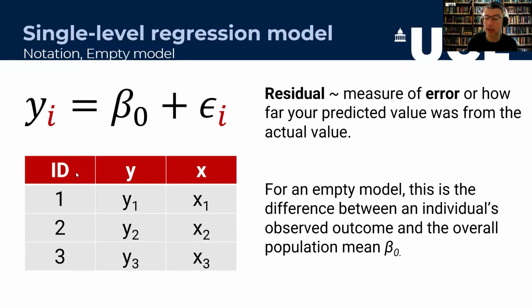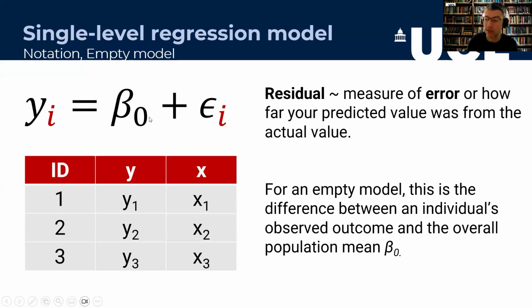We could have a simple case here with 3 people, where we have observed the outcome variable and the main variable of interest x. But for the time being, we're just interested in these observations of the outcome y1, y2, and y3.